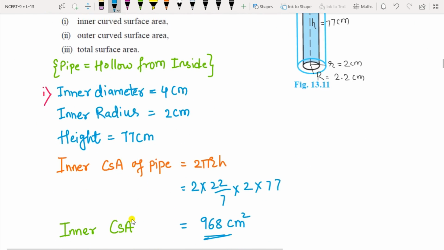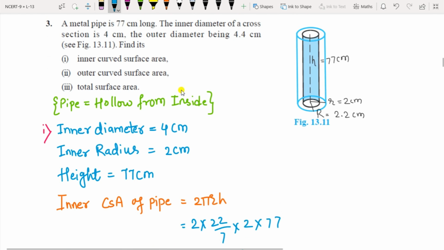Question 3 here is: a metal pipe is 77 centimeter long, so that means it is the height here, and the inner diameter of the cross section is 4 centimeter, and the outer diameter, that is capital D, is 4.4 centimeter.